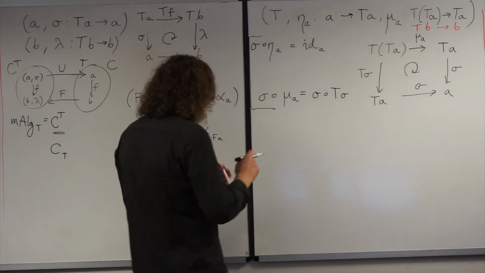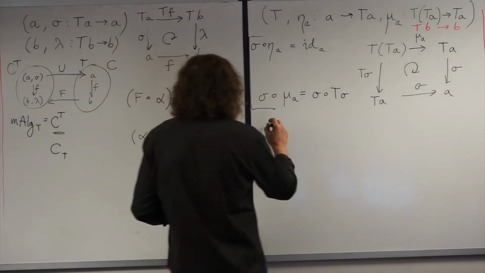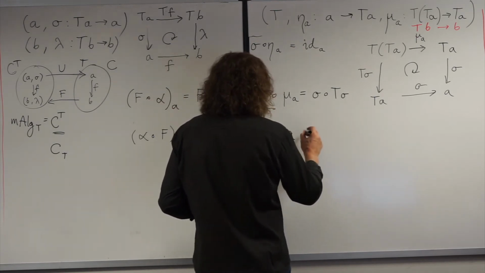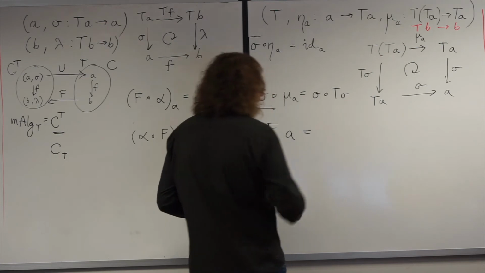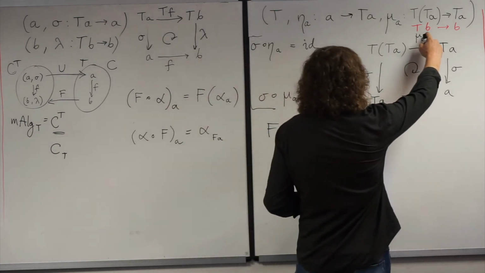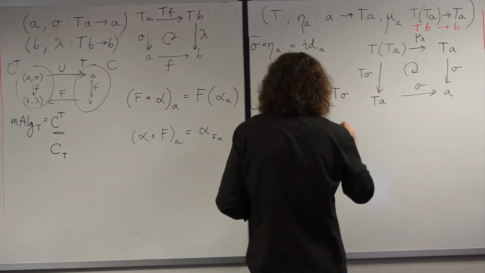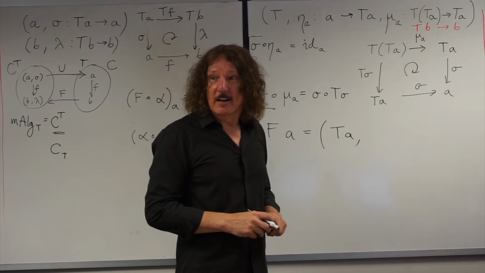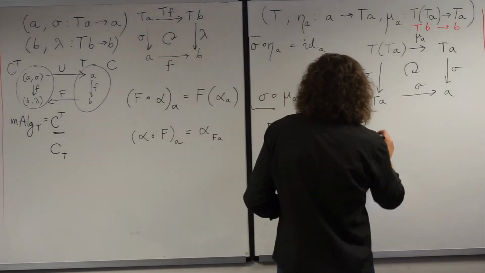So I'm going to define this functor F. When it's acting on an object A, it gives me an algebra whose carrier is this B, which is TA, and whose evaluator is mu A.